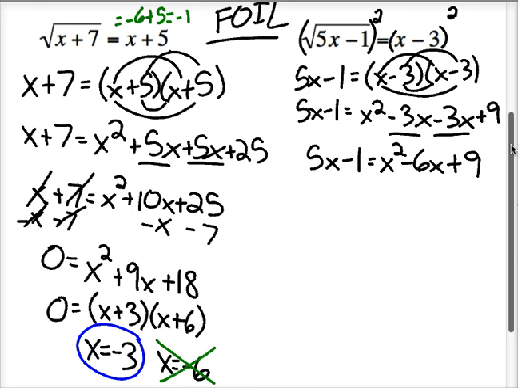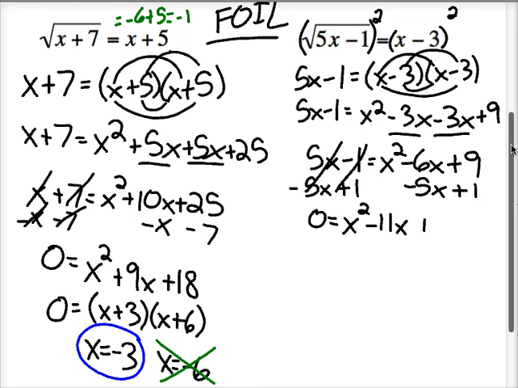And now I have something here that I need to solve using factoring. Well, the only way that I can factor that is if I get everything to one side. So I'm going to subtract 5x from both sides, add 1 to both sides. Negative 6 minus 5 more is negative 11. 9 plus 1 gives me 10. All right, so factoring this.